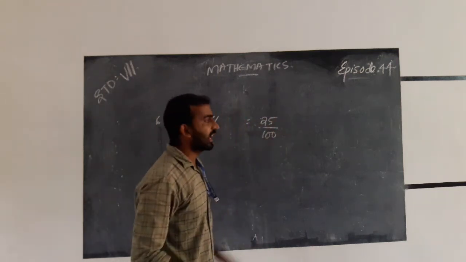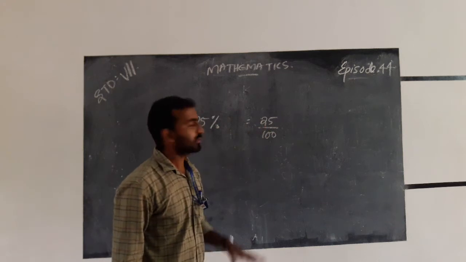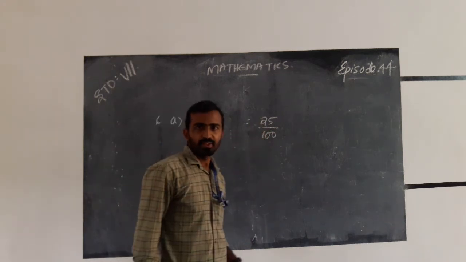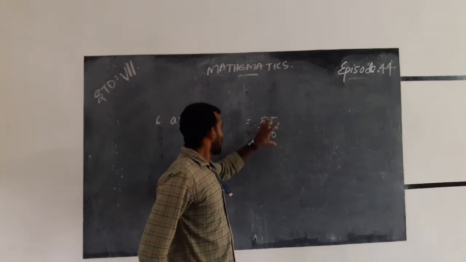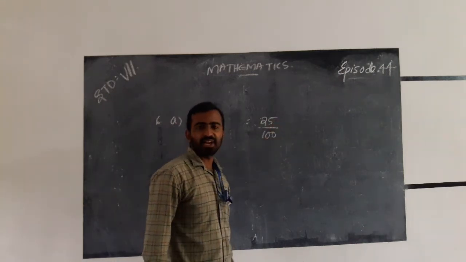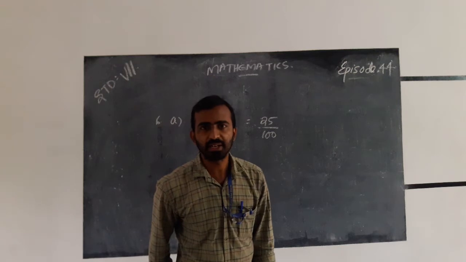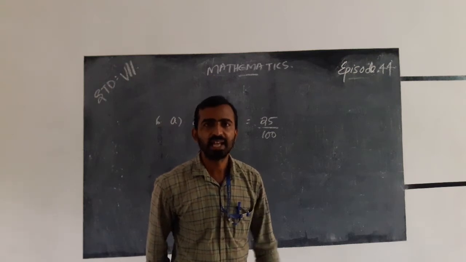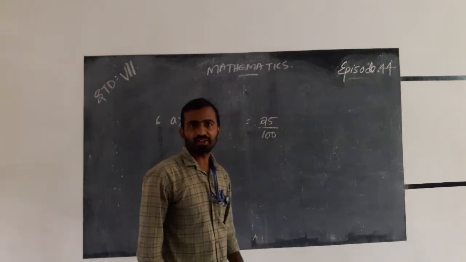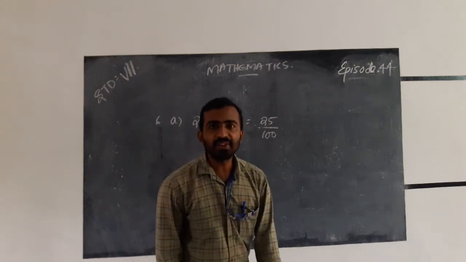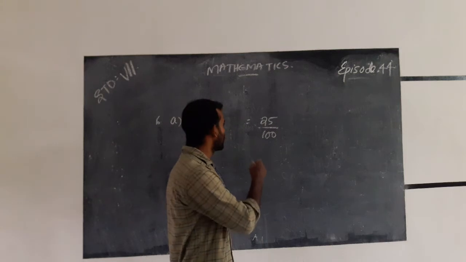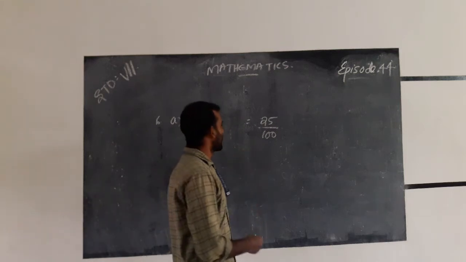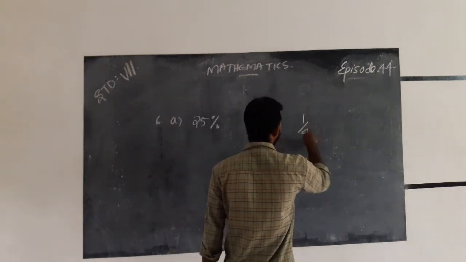In simplest form, here 25 and 100 have a common factor, that is 25. When we simplify 25 and 100, we get 1 by 4.